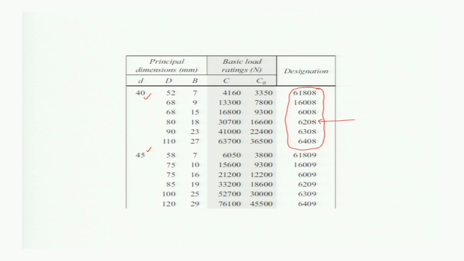In 6208, the last two digits are 08, so 8 multiplied by 5 will be the bore, which is 40. The 6 means it is a deep groove ball bearing, and 62 means 02, where 0 is the width series and 2 is the diameter series.